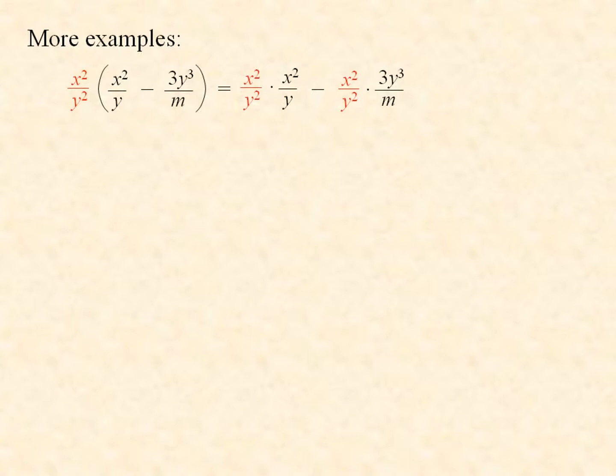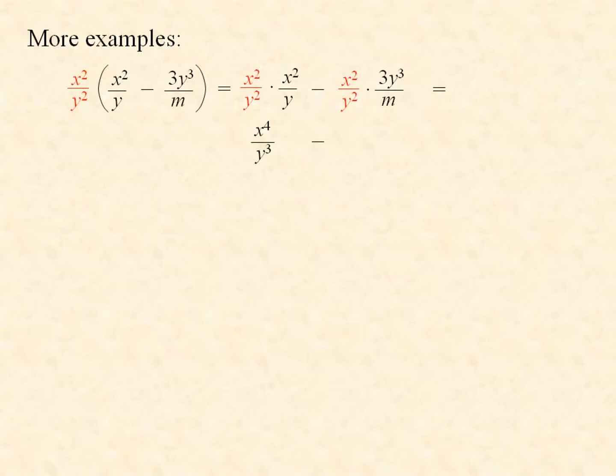Now we need to simplify these two fractions. The first, multiplying numerators and denominators, is x fourth over y third. And then for the second, we have minus.